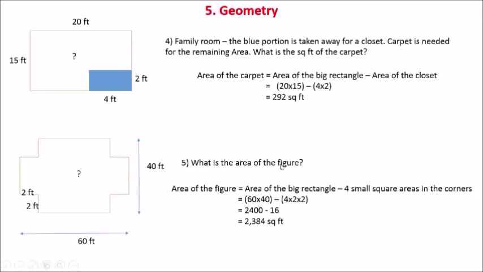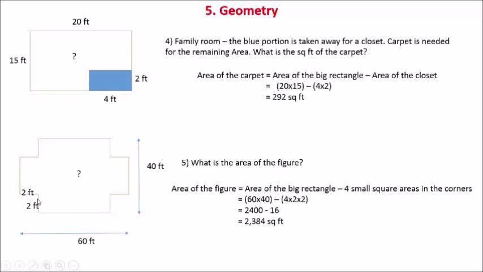You do that. And then in the corners, little corners are cut out here. If you look at that, this is 2 feet by 2 feet. So out of this big rectangle, a little 2 feet square is cut out. Similarly, the same square is cut out at each of the other corners.